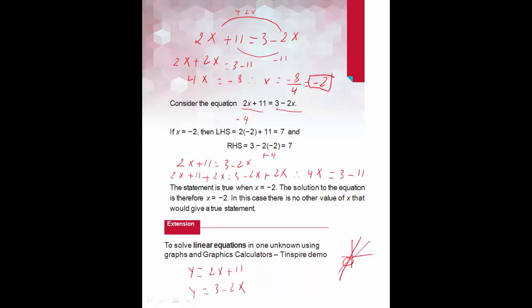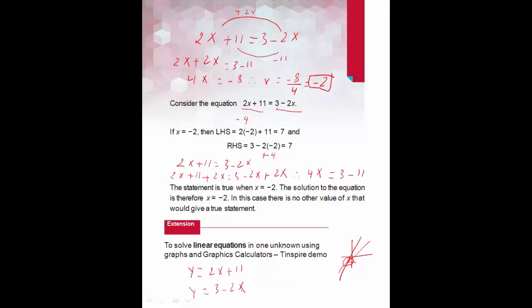Let's say this is the first one and that's the second one. This is where we meet, and where they meet is the solution, because at that point both y's will be equal. So we're saying at that point that y from the first equation equals y from the second equation, which means 2x plus 11 equals 3 minus 2x, and you calculate. Or you do it graphically, you graph both lines, and where they meet is your solution.